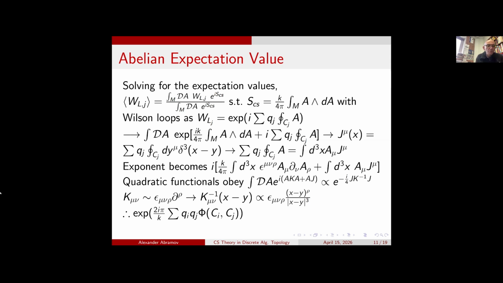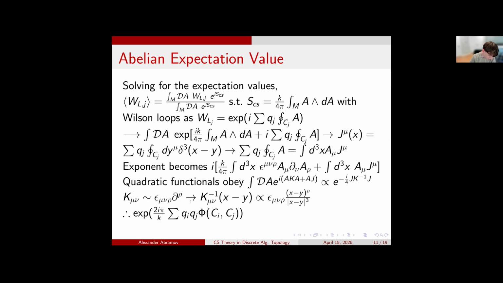So I solved these expectation values. There's some substitution here, but one of the things I referenced before, remember the quadratic functional integrals? They obey the use of this inverse Chern-Simons. So you can see this inverse Chern-Simons relationship.